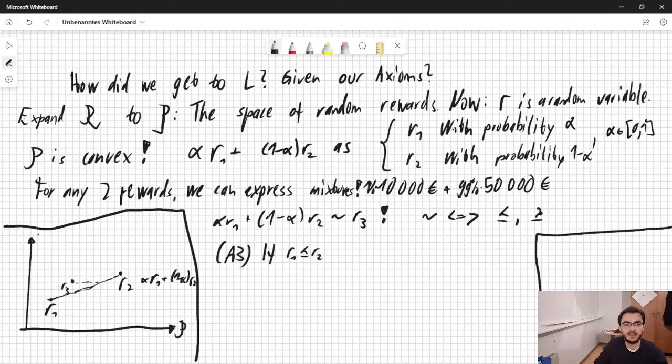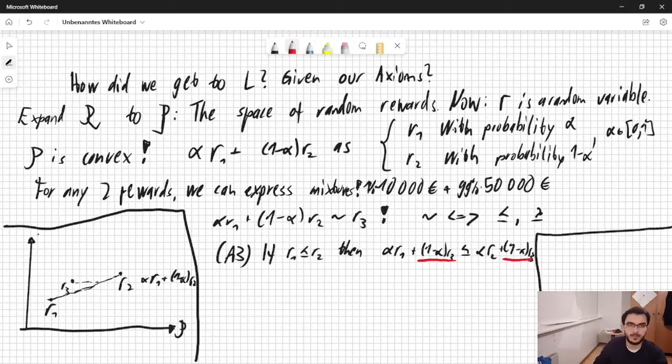and we add another reward, nothing changes. As you can see, I just added some reward on these two sides.